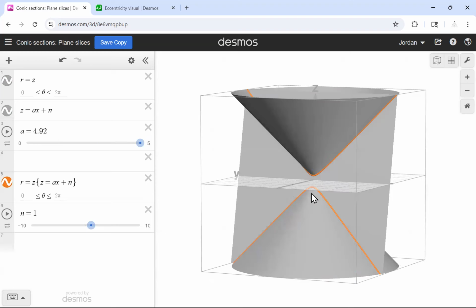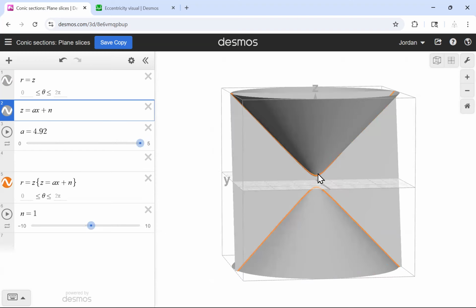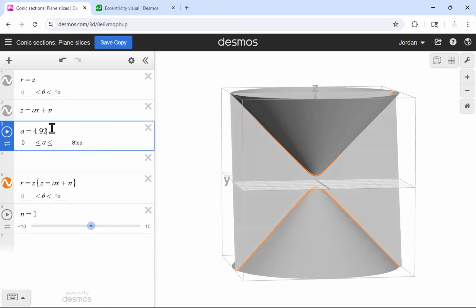And if you zoom in close enough, it always looks like a smooth U shape. So the hyperbola is a little bit weird, but that's all right. That's the way it is.